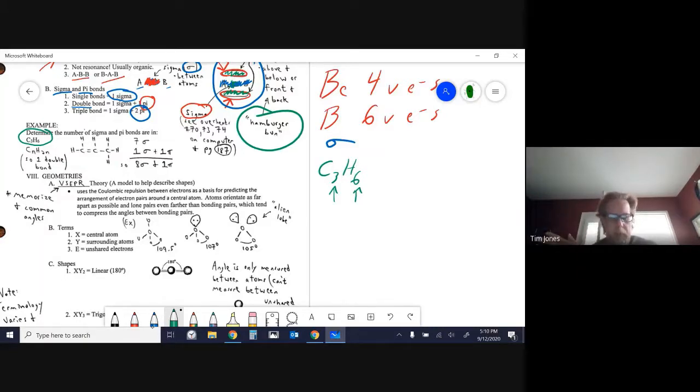And just sticking to the basics, the fact that the number of hydrogens is double the number of carbons means there must be one double bond present.